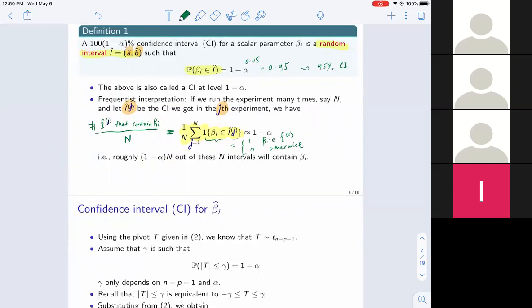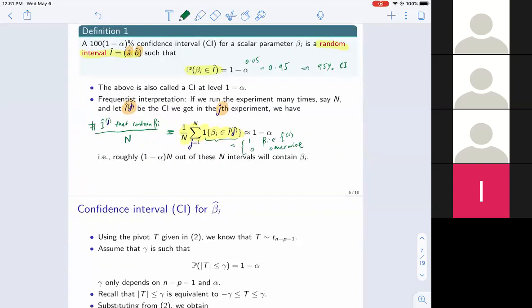Questions? So can you say, based on the observation of your experiment, there's a 1 minus alpha probability that the true beta I is within this range? Right, the probability is a little bit beyond observation.